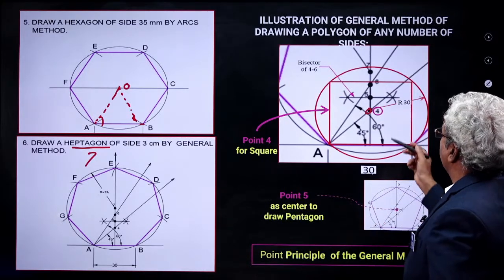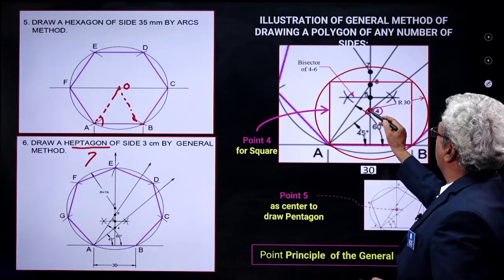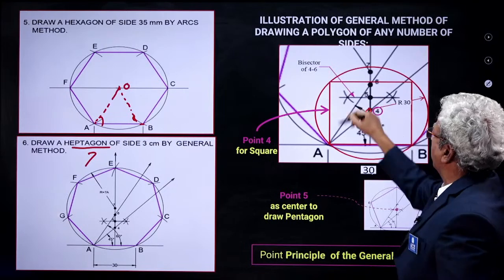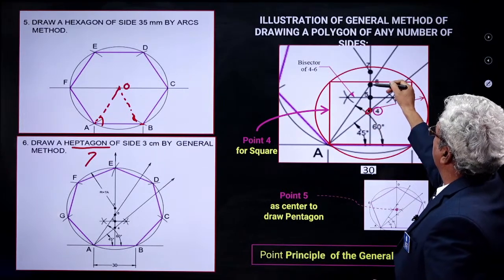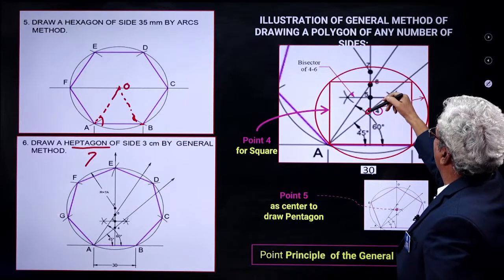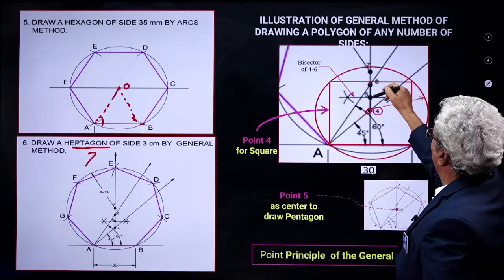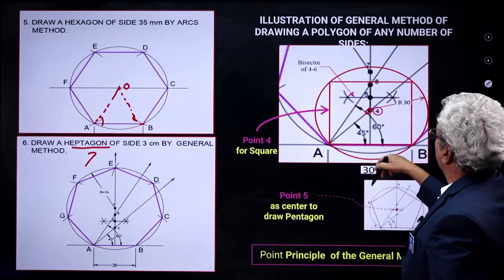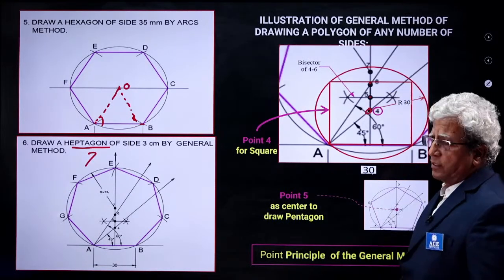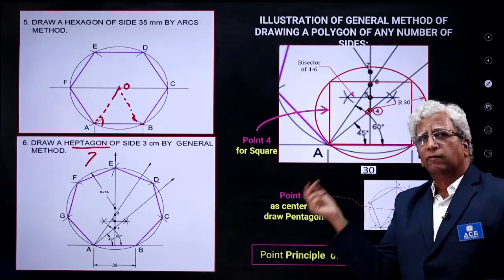For example, as I told you, with point 4 as center, if you draw the circle, then on that circle you get the square. With center 6, you get the hexagon. Therefore, the bisector of 6 and 4 will give you a point here on this mid perpendicular of AB, and with that 5, you can draw the circle and develop the pentagon.